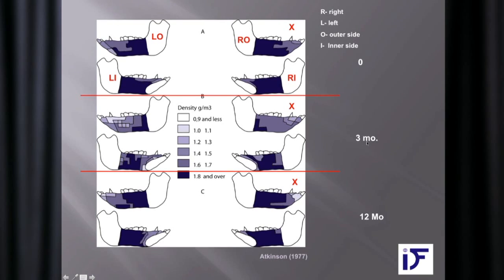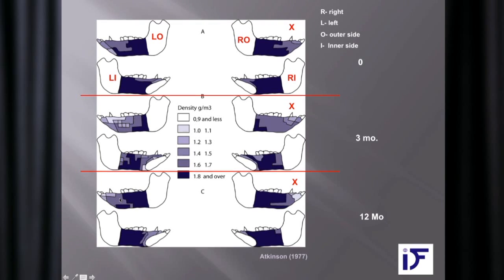After 3 months, after placing an implant, actually in this area, you see a completely different map of mineralization. So the density in general has gone down, as you can see here, for example, but it also has gone down in parts of the mandibles which are not affected. And after 12 months, you see that the mineralization has not yet gone up completely.